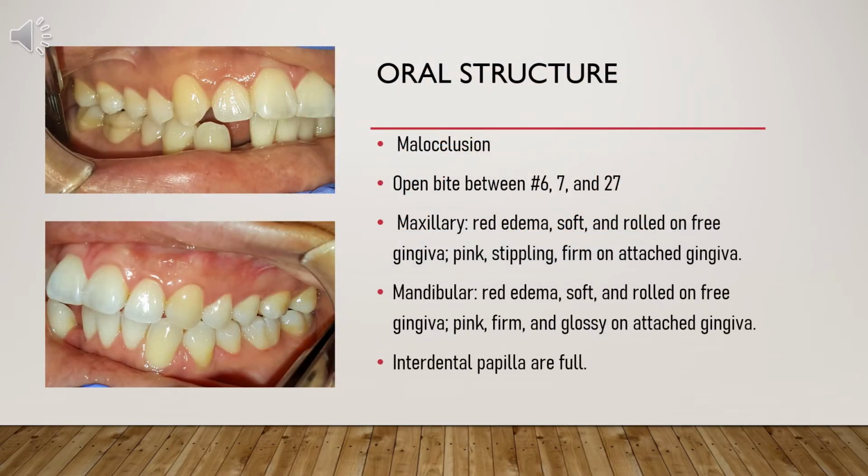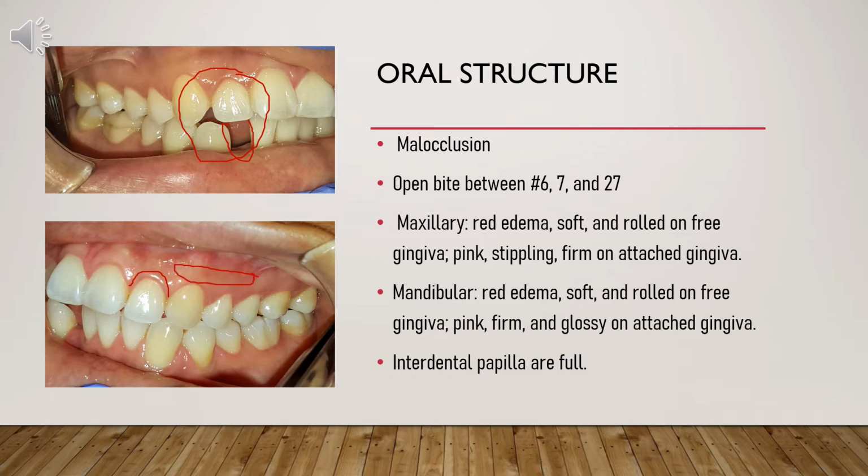Oral structure of the patient. The patient has malocclusion, an open bite between 6, 7 and 27, and the patient uses a unilateral partial denture on number 26. The tissue contour on the maxillary free gingiva is red, edematous, soft and rolled, and then on the attached gingiva, pink, stippled and firm.